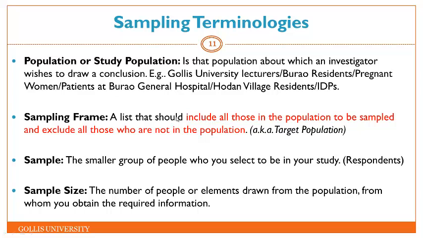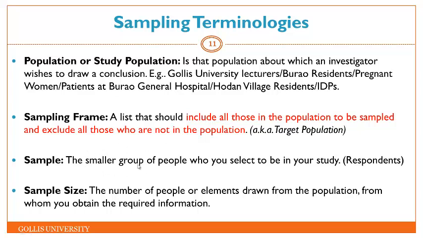Then from the target population, or the sampling frame of 50, I develop my sample. How many lecturers will be my sample size using my sample size determination processes? Maybe I say 45 or 42 will be my sample. So 42 are the ones from whom I need to collect data.